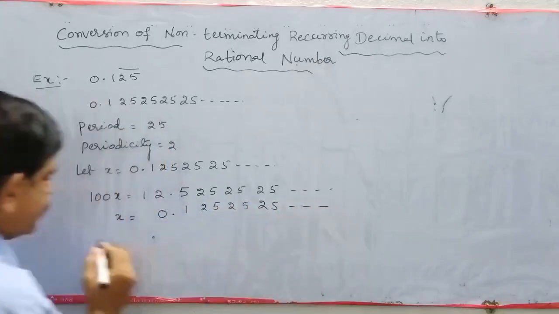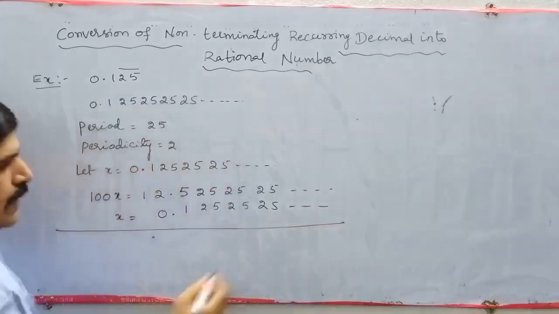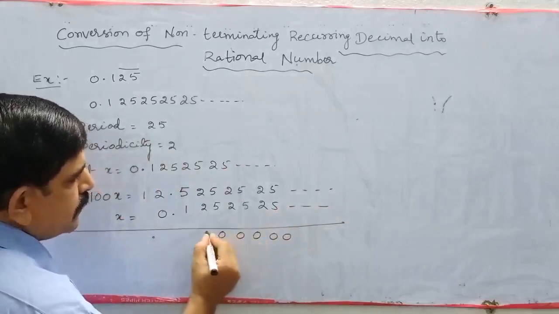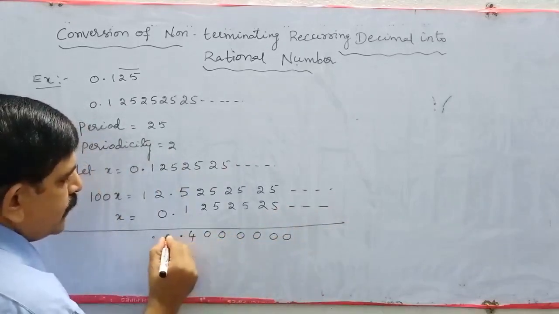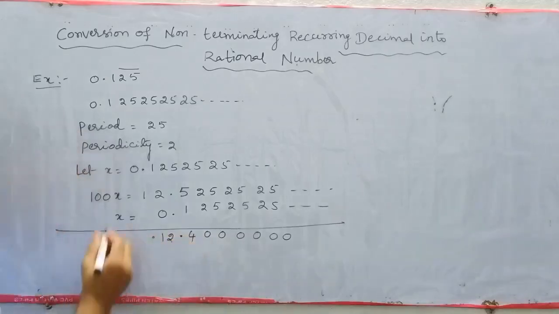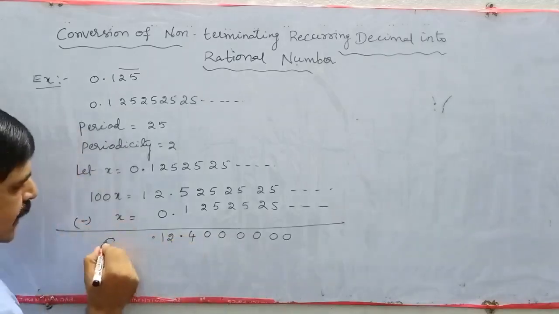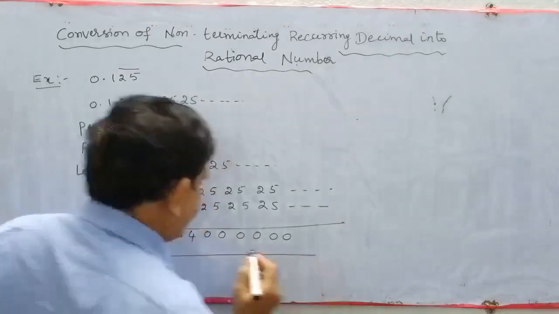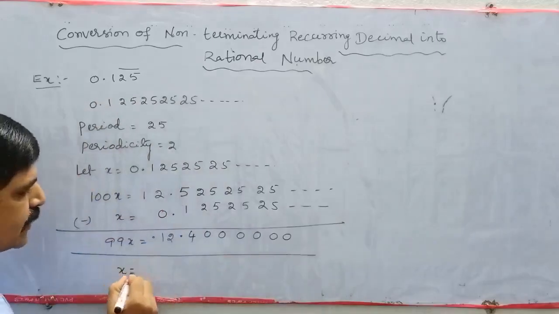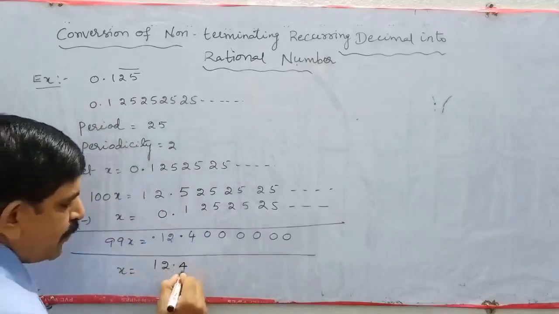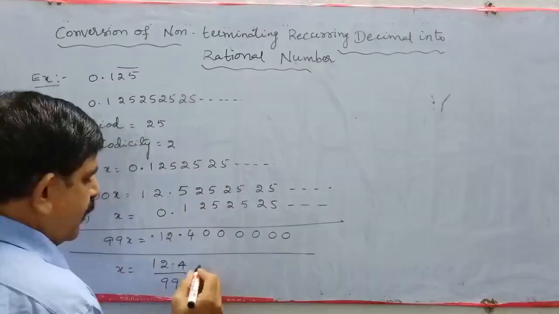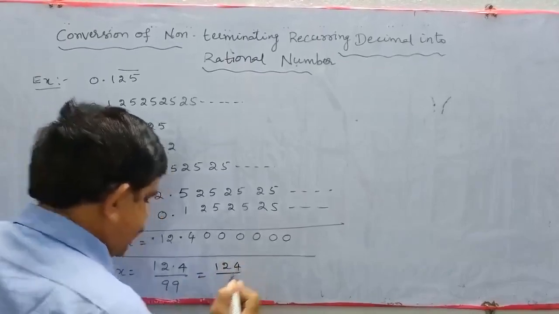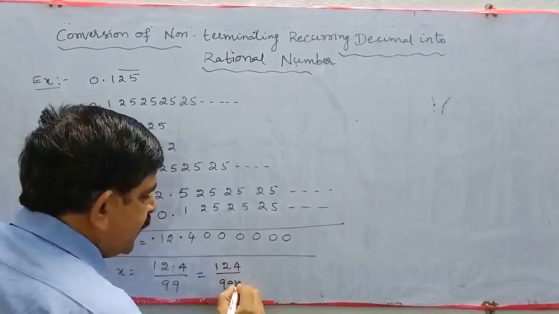Next, write x here: x is equal to 0.1252525 and so on. Subtracting, 99x is equal to 12.4. Then x is equal to 12.4 by 99. This can be written as 124 by 99 into 10.